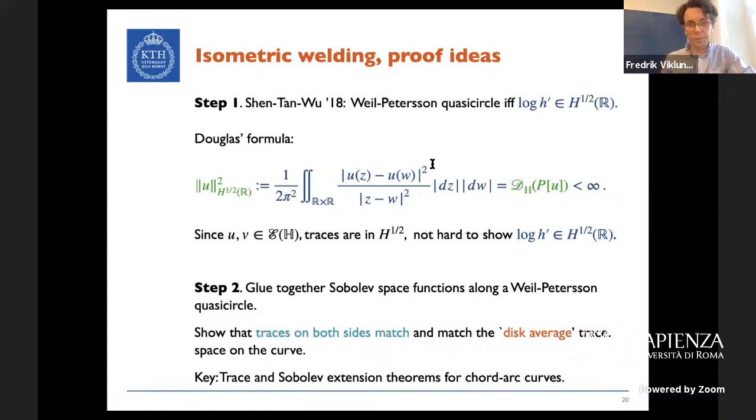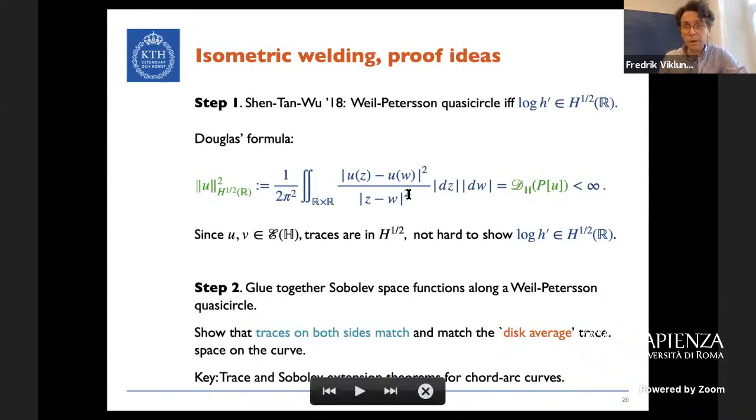And then there's a close relation between the H^{1/2} semi-norm and the Dirichlet energy of the Poisson extension of U to the upper half plane. This is also a classical result called the Douglas formula. By the way, this notation I will use later also. P of U means the Poisson extension of a function, so just the harmonic extension of this guy.